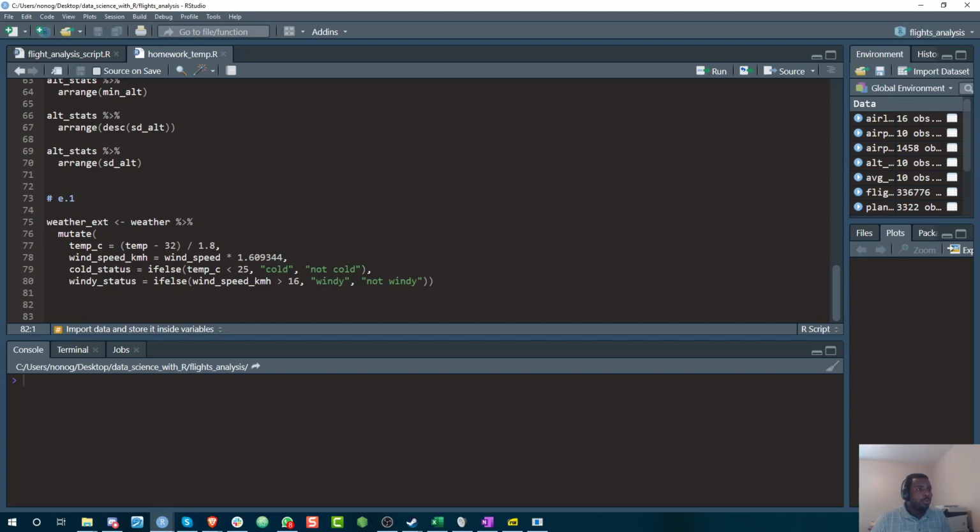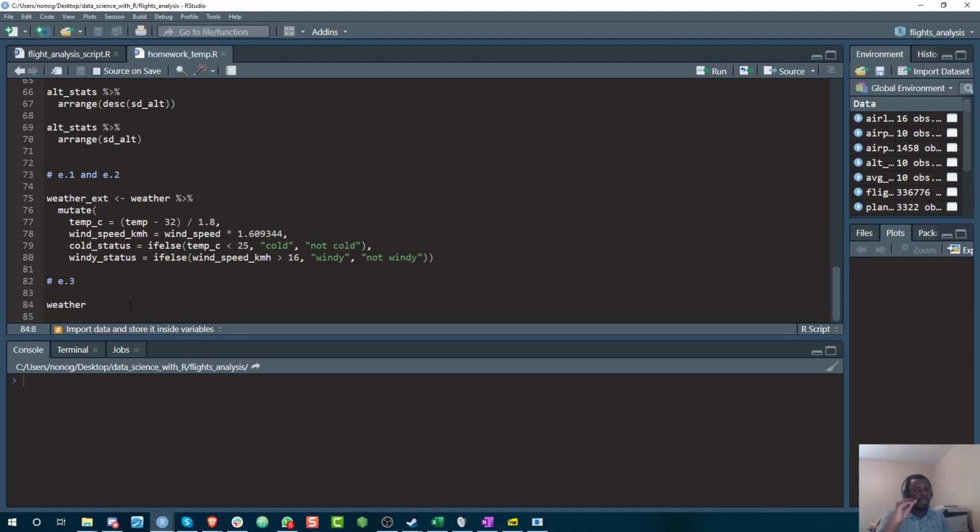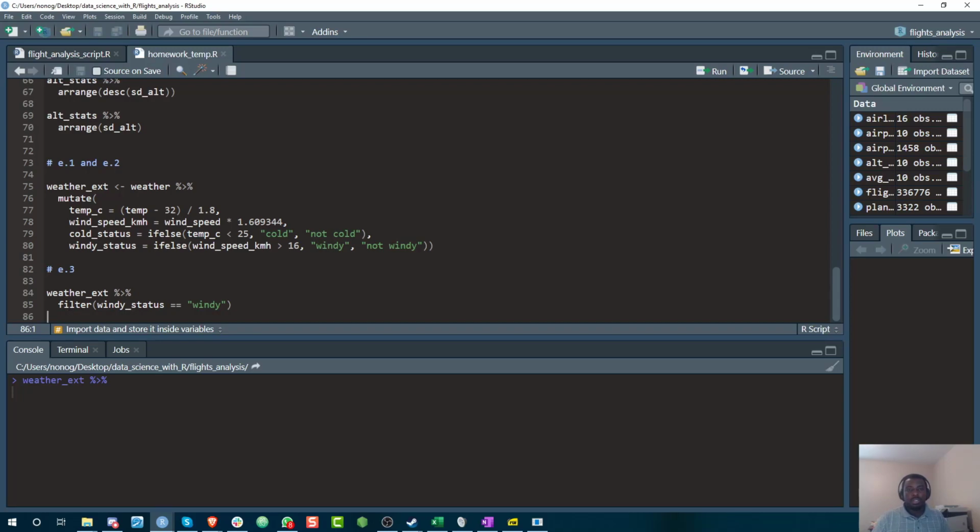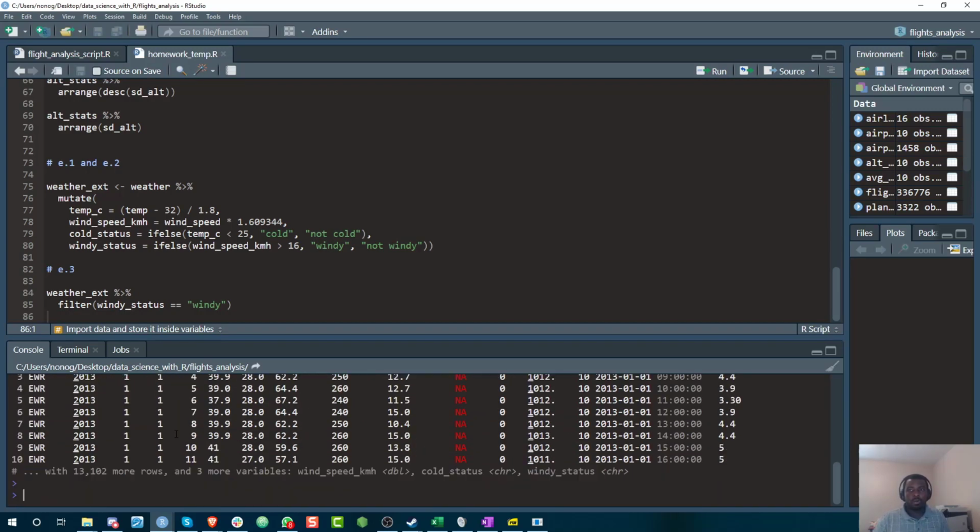E3. Which weather station has the lowest average humidity when it is windy? Okay. All right, let's do this. So this would be E3. Now the first one was E1 and E2. Okay, we want it when it is windy. Okay, so this is specified. So we can filter, and this has to be weather extended, by the way. Okay, so the windy status has to be equals windy, right? So this is going to focus on the windy data only.